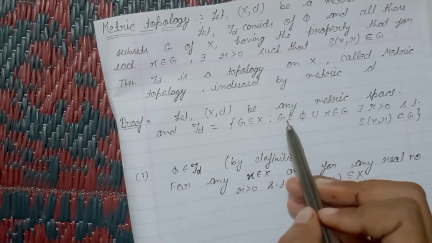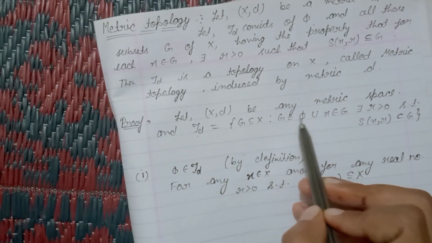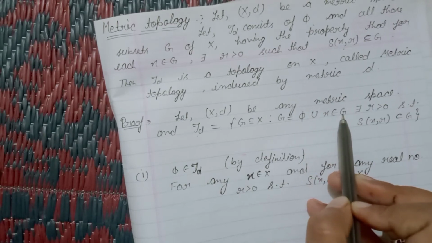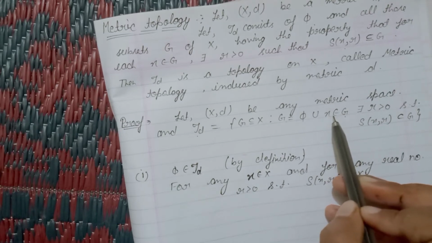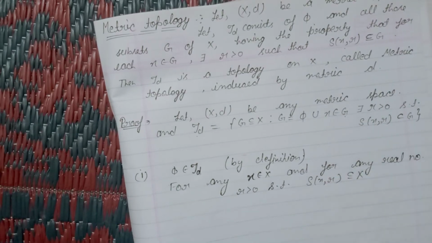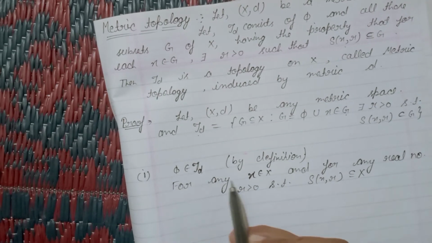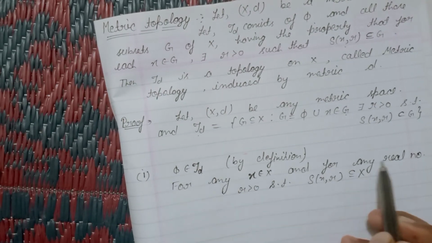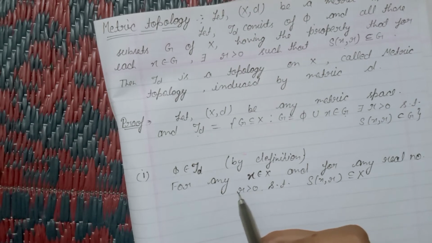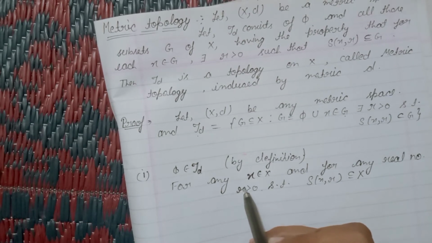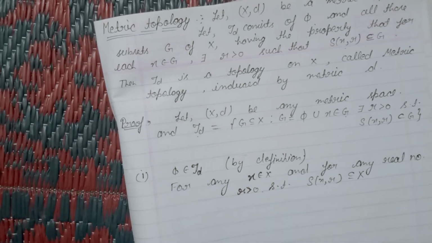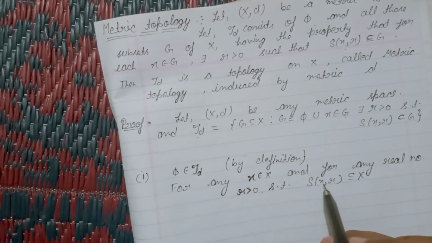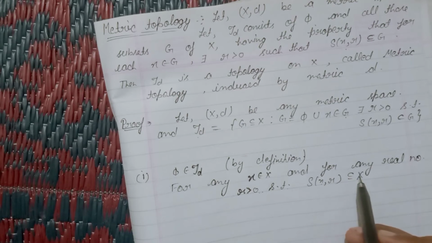Td is G subset of X such that G is equal to phi, or for x belongs to G, and G is a subset of X. So if x belongs to G, then small x also belongs to capital X, right? So we consider any x belongs to X and any real number r greater than 0. What is r? r is a radius, and distance is always non-negative, so r is positive, such that the open sphere S(x, r) is contained in X, right?